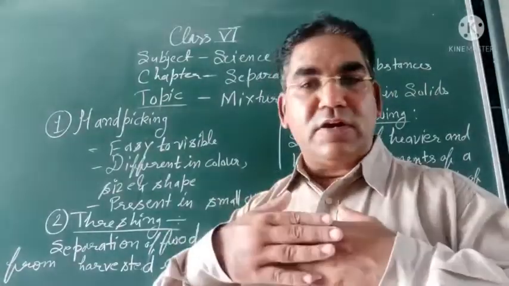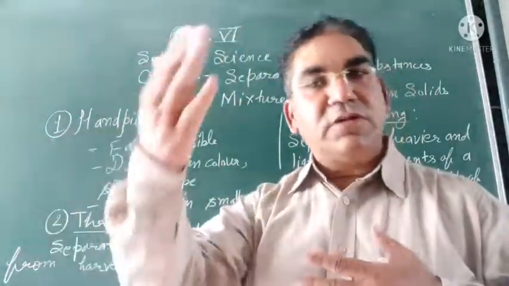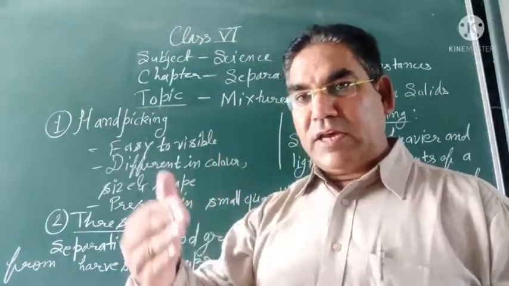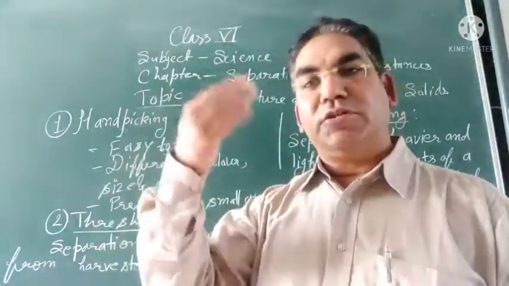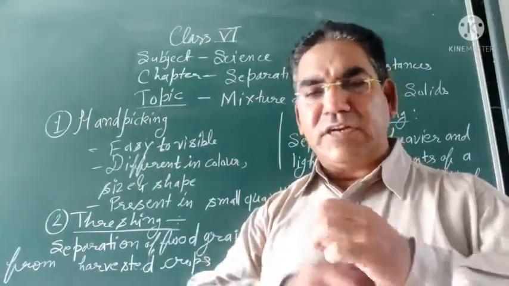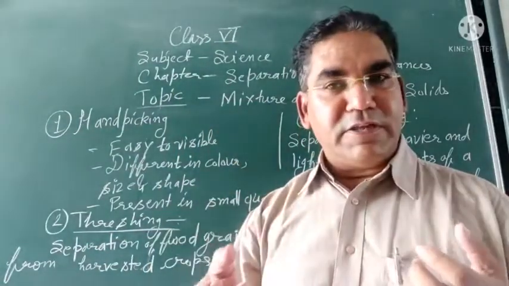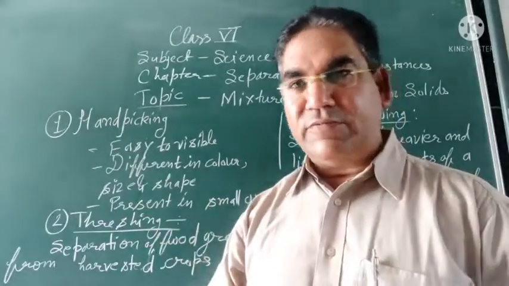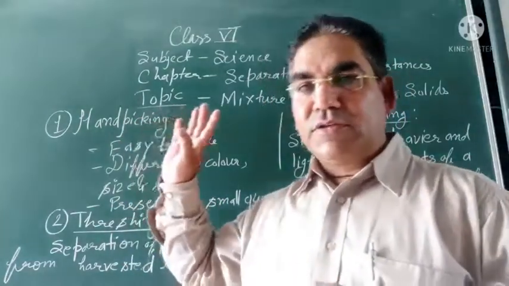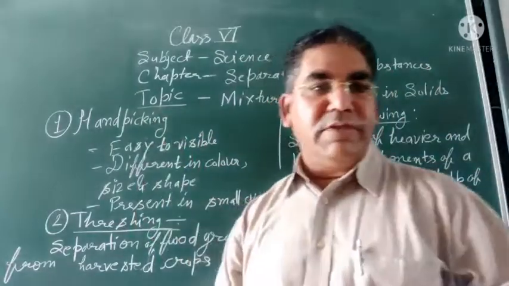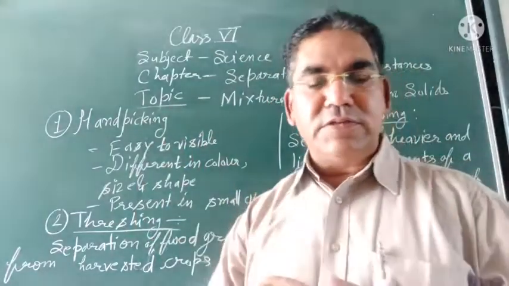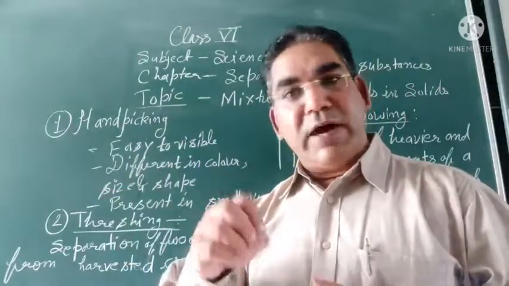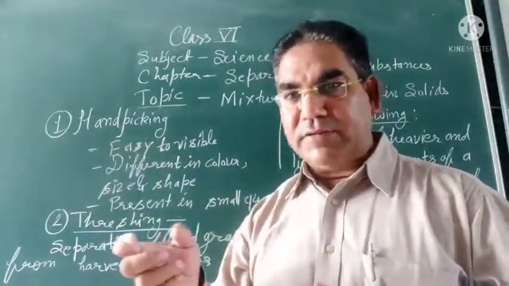One component present in large amount, another component present in less amount. एक ज़्यादा amount होना चाहिए, दूसरा less amount होना चाहिए. That's why we can easily separate them. Otherwise, it will take too much time that we can't use this method. So, hand picking method is the method in which we separate a component by easily hand picking.